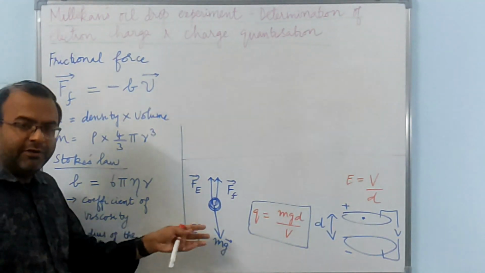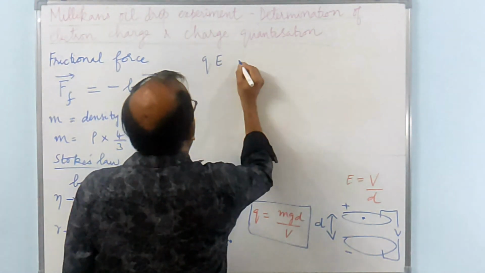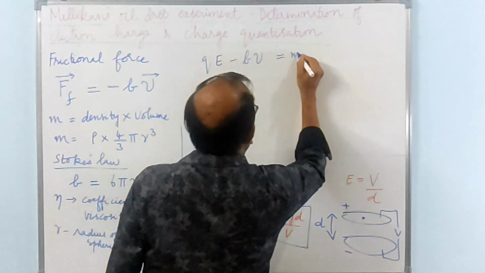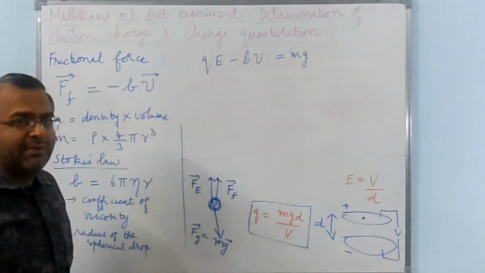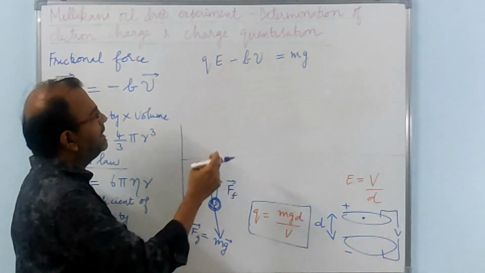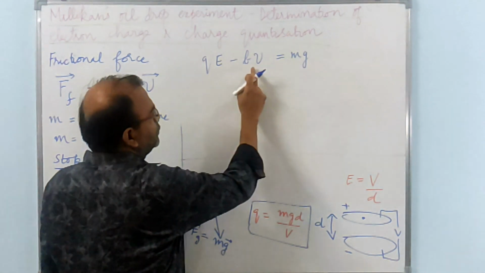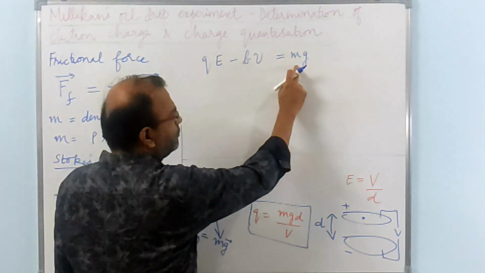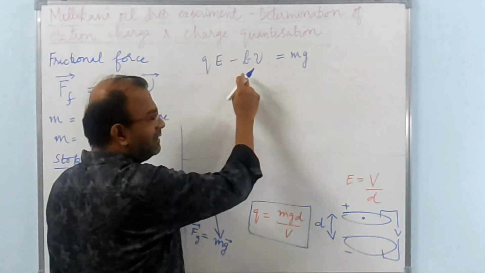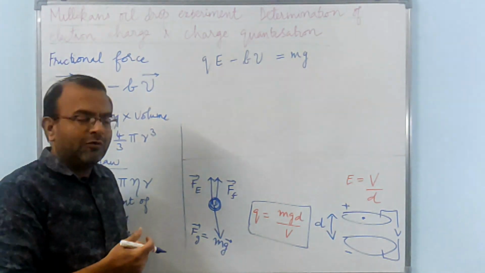Now continuing from here, our original equation qE minus Bv is equal to mg. If the electric field is switched off, then this term goes to 0, so the gravitational force is balanced by the drag force, and according to Stokes' law, the oil drop would acquire a terminal velocity.